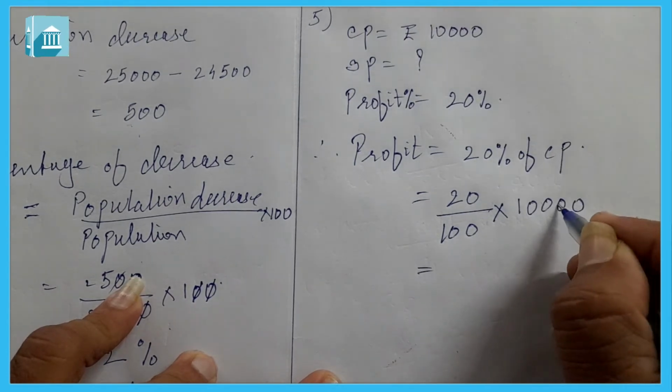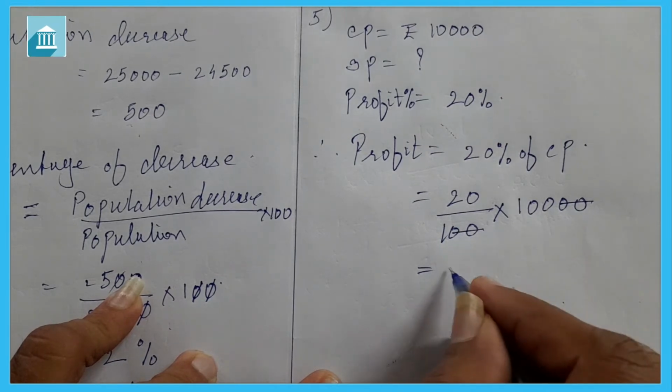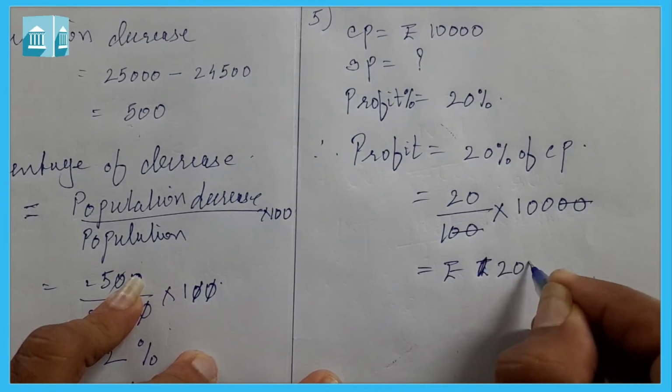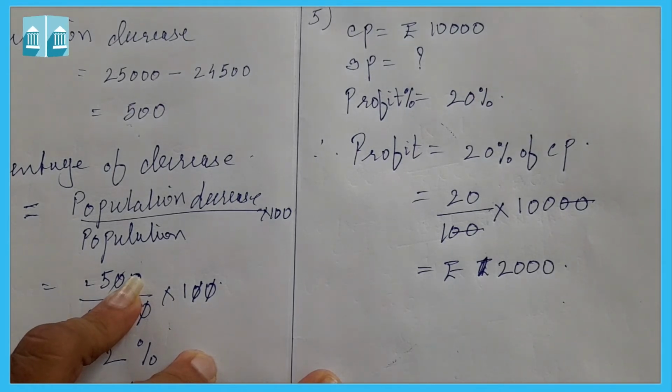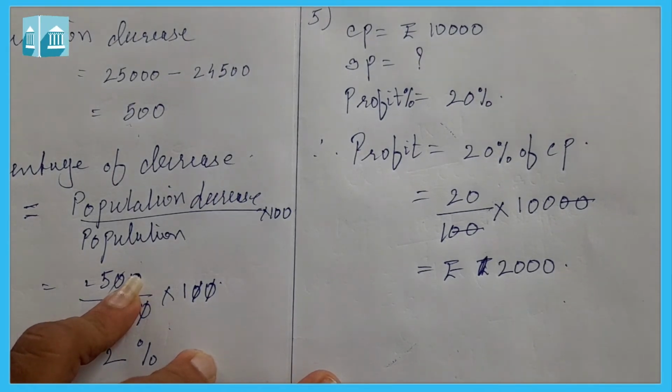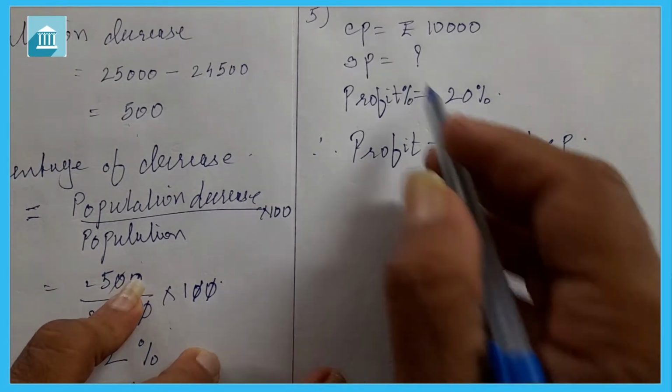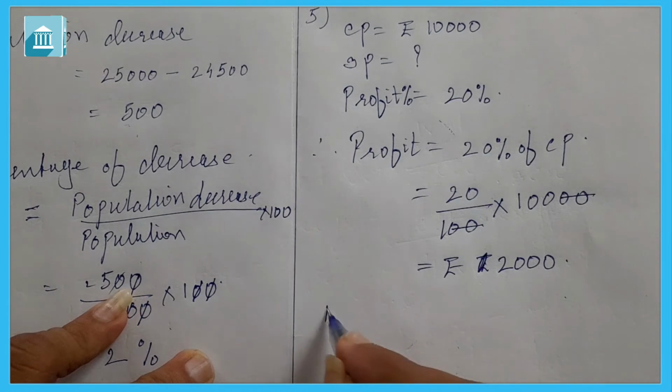So this zero cut, that will be rupees 2,000. So profit is rupees 2,000. Now we have to find out how much money I get for it, means SP.